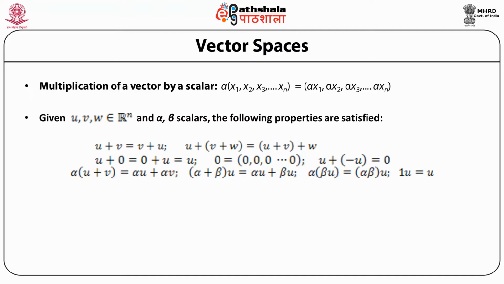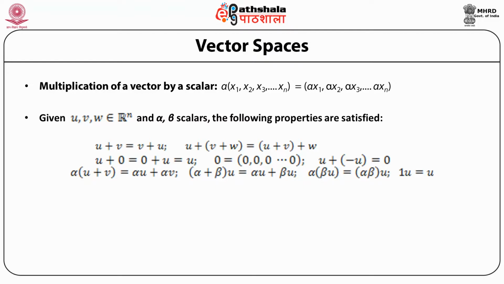u plus minus u is equal to 0. Alpha times the vector u plus v is equal to alpha times u plus alpha times v. Then alpha plus beta times vector u is equal to alpha times u plus beta times u.